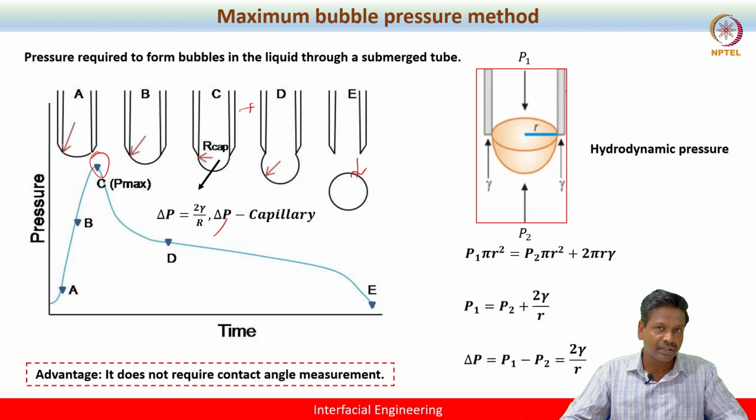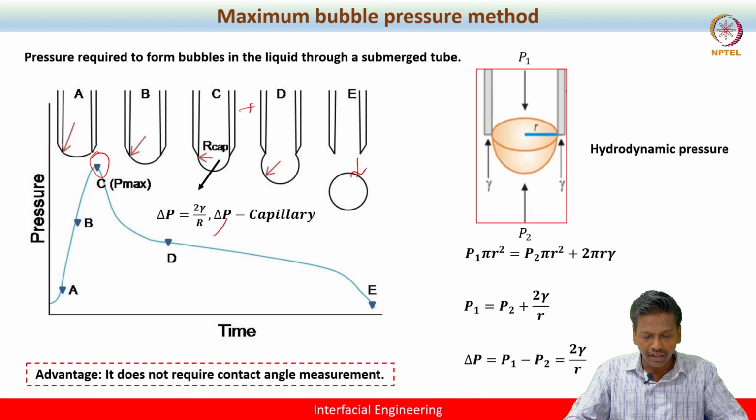There is an affinity between the liquid and the solid surface, which resists the bubble from getting detached from the tube. But when the pressure becomes more dominant than the surface tension force, one would see that the bubble is easily released from the tube.